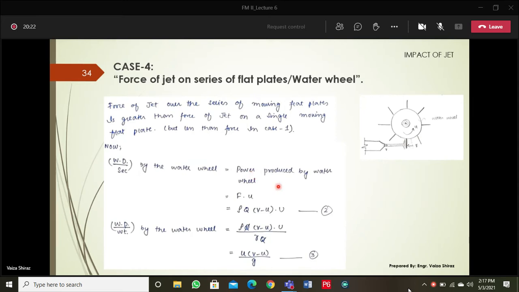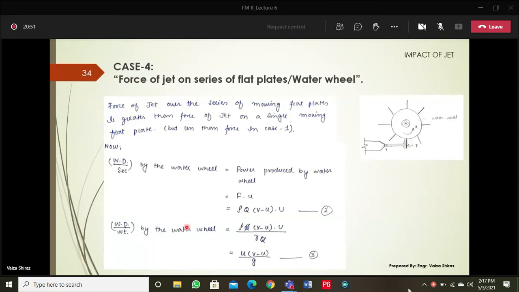So the formula for this is F into U. F is the equation which you have just derived, that is rho Q (V minus U), and this U is the velocity of the plate. If you further convert this work done per second into work done per weight, that is P by gamma Q. I have discussed it in detail in the last lecture. So make sure this work done per weight is the output head.